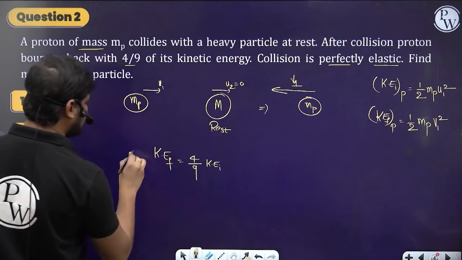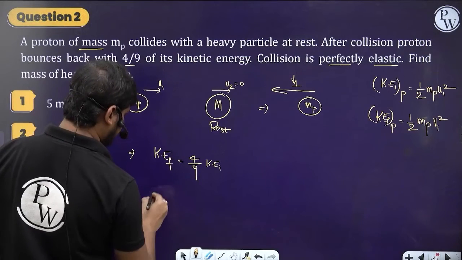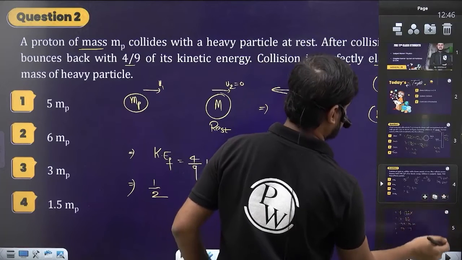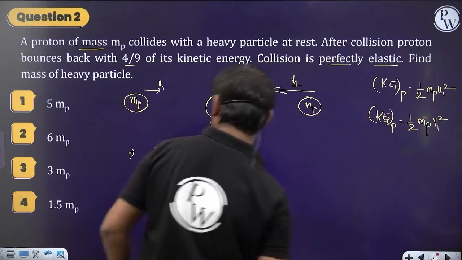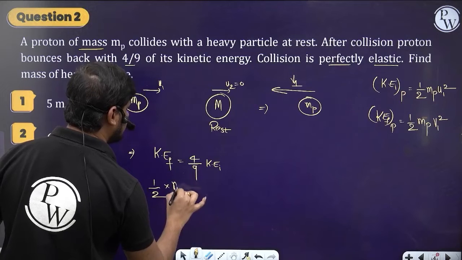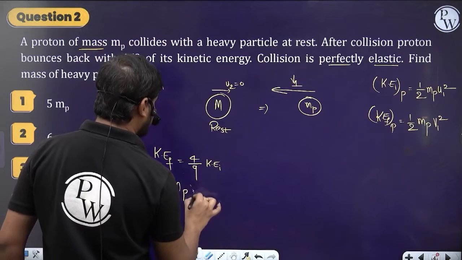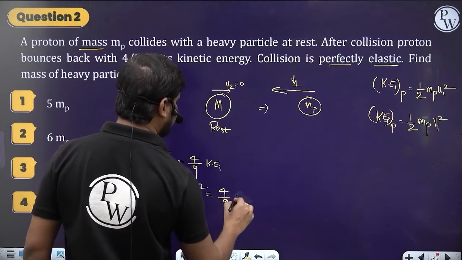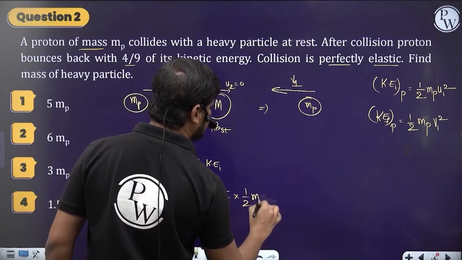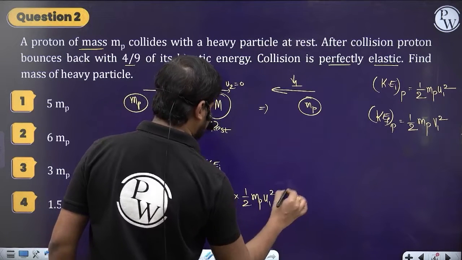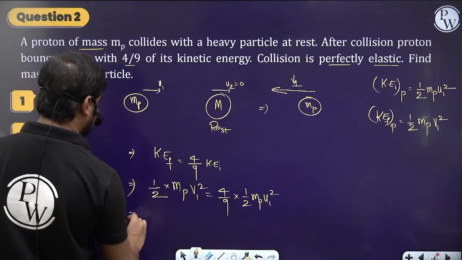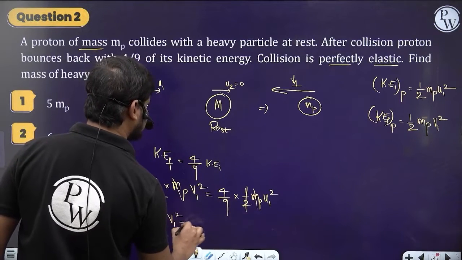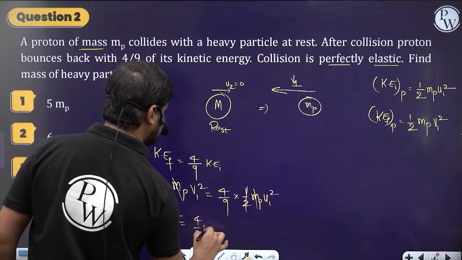Now substitute the values here: half into mp into v1 square is equal to 4/9 into the initial, half into mp into u1 square, right? Chalo, fine. So half cancels, mp also cancels. So from here v1 square is equal to 4/9 times u1 square.